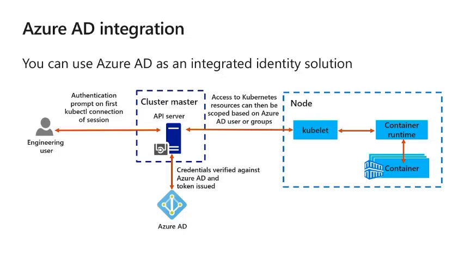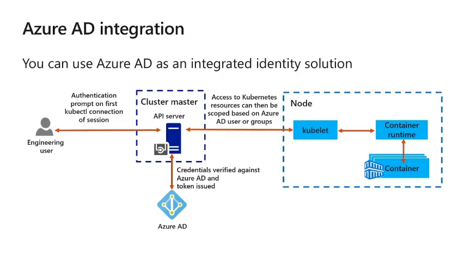With an Azure Active Directory integrated AKS cluster, you can grant users or groups access to Kubernetes resources within a namespace or across the cluster. To obtain a kubectl configuration context, a user can run the az aks get-credentials command.